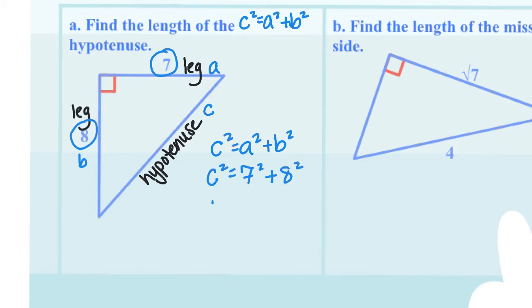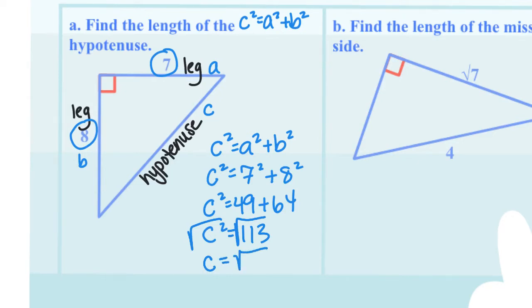Now we simplify. C squared equals 49 plus 64, and 49 plus 64 is 113. Now we just square root both sides to find c. So c equals the square root of 113.